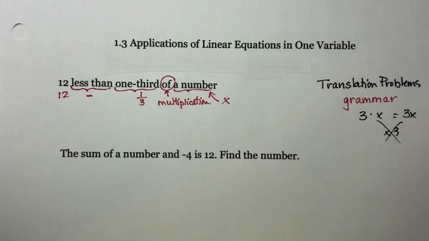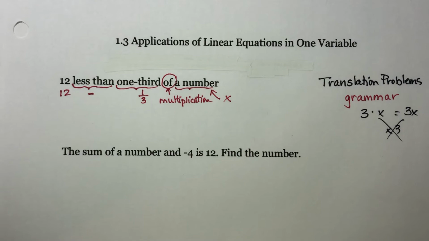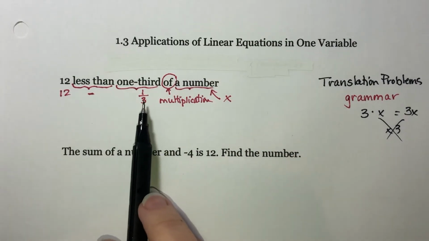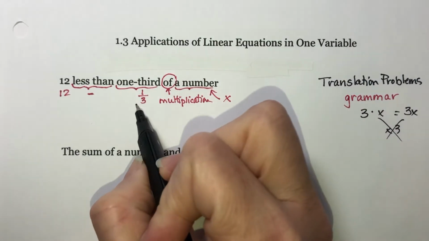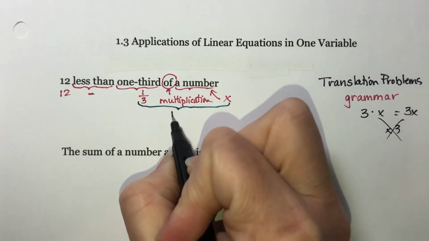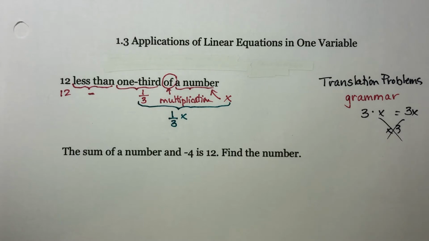Now, we know that we still have to deal with order of operations, and we've got a subtraction and a multiplication. So we're going to have to deal with the multiplication first. So what I have is 1/3 times x, which we would normally write 1/3 x. So now the only thing I have to deal with here is what order do I subtract in.